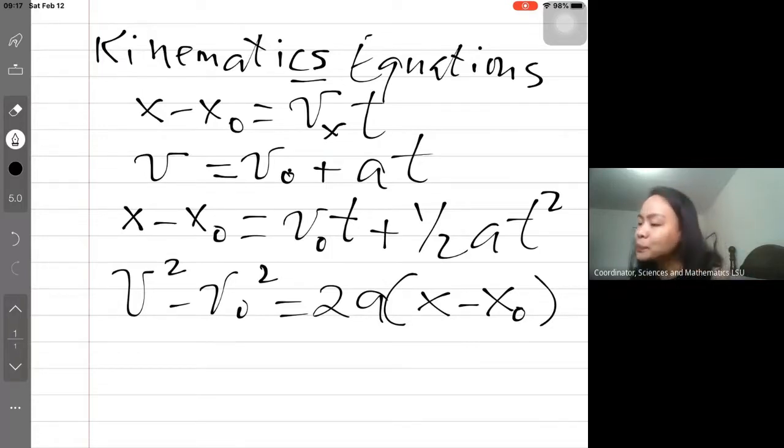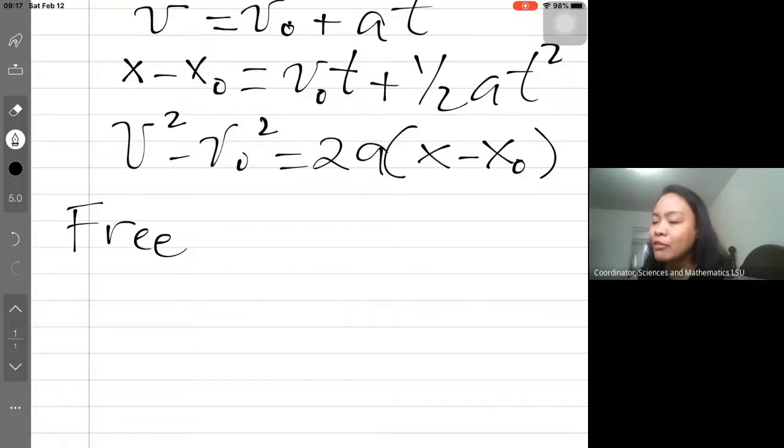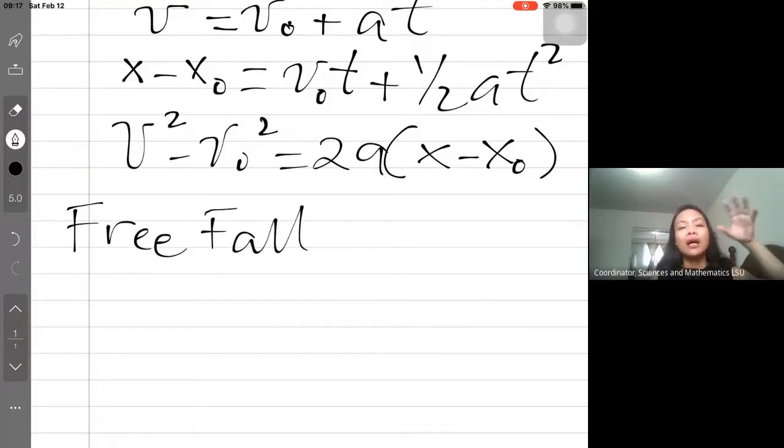Okay, now we also include free fall. Okay, when we say free fall, this is the universal gravitational law of Newton. Okay, so we already learned about that in your junior high or senior high, or if you had already a minor understanding of physics.